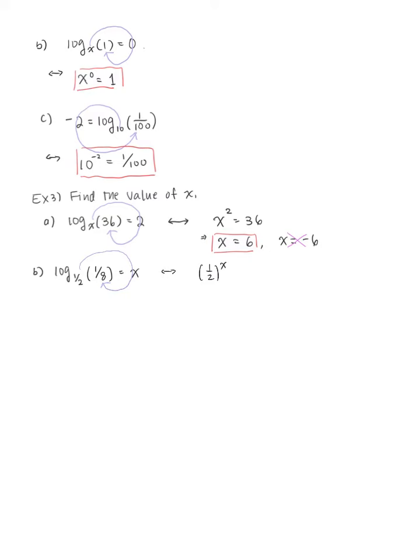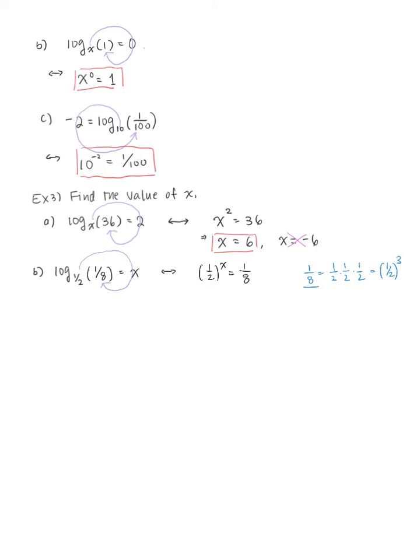But anyway, so I'm going to rewrite this as 1/2 to the x equals 1 over 8. Alright, now our job is to find the value of x. So let me just first denote that. Do you see that 1 over 8 is the same thing as 1 over 2 to the third, which is 1/2 times 1/2 times 1/2, right? Which is what? 1/2 to the third power is 1 over 8.